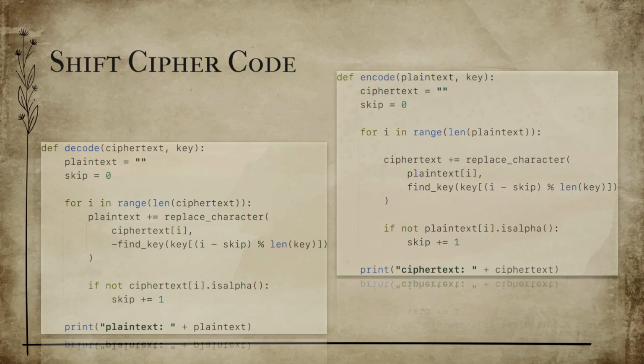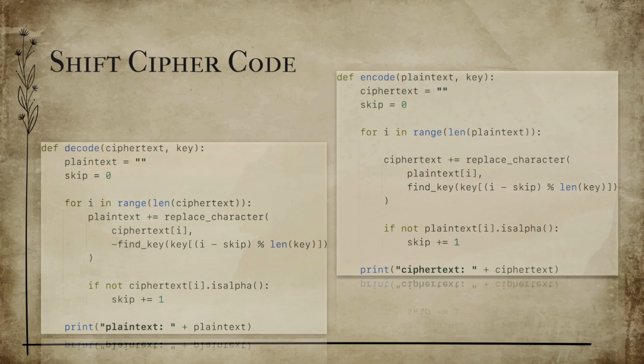Here we're looking at the encoding code. Just like before, the ciphertext will be empty. We must count the skips too, because if there is any space or punctuation, we have to make sure that those special characters do not affect our key and plain text matching.